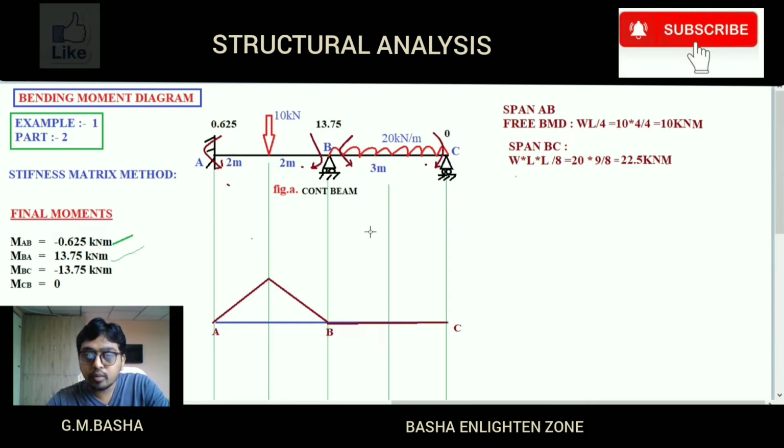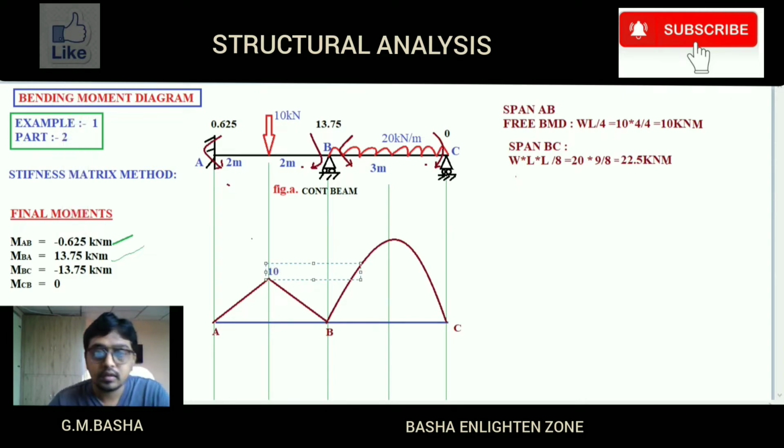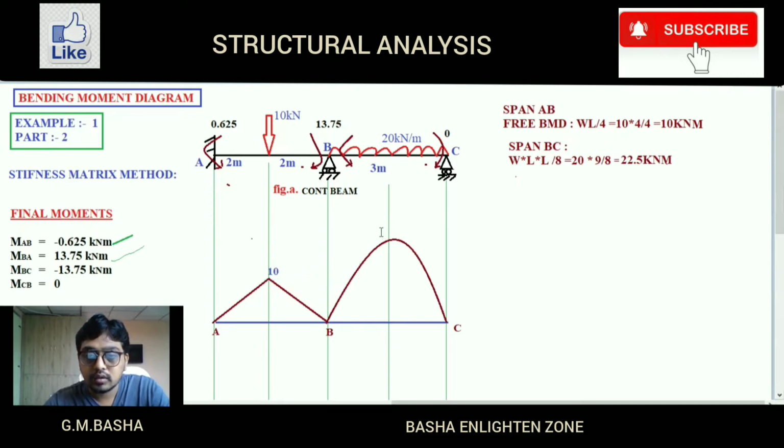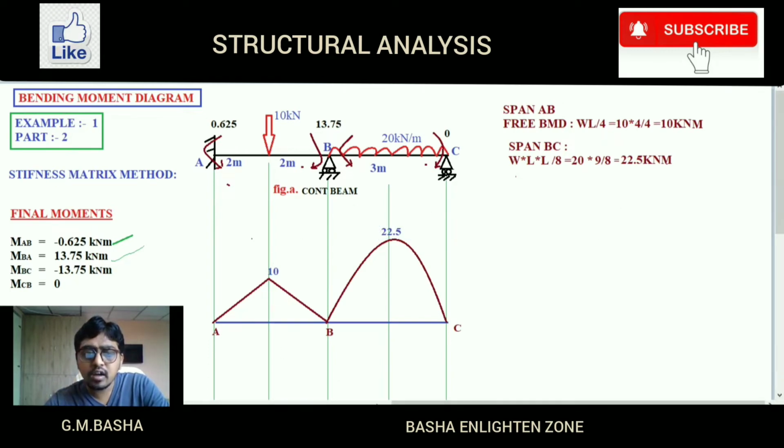This one will be 22.5, so for that reason I am taking it higher than that one. This one will be 10, and this point will be exactly 22.5. So this is the free bending moment diagram based on the given load conditions.